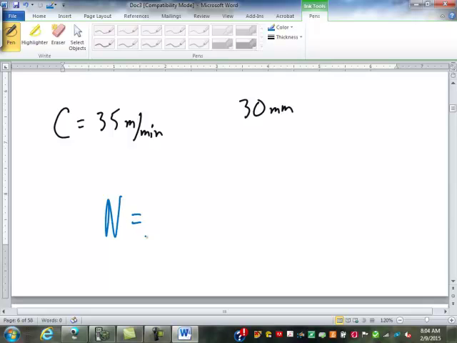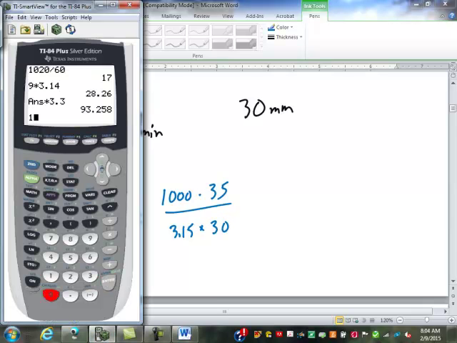N is equal to, but instead of 12 times the cutting speed, it'll be 1,000 times the cutting speed over pi times our diameter. So 1,000 times 35 divided by, we still have to remember our parentheses, 3.14 times 30, close those parentheses, which gives 371 RPM.